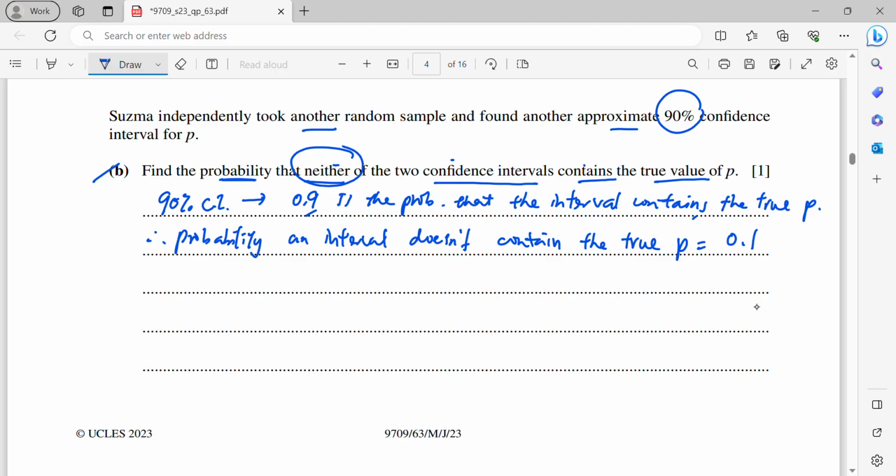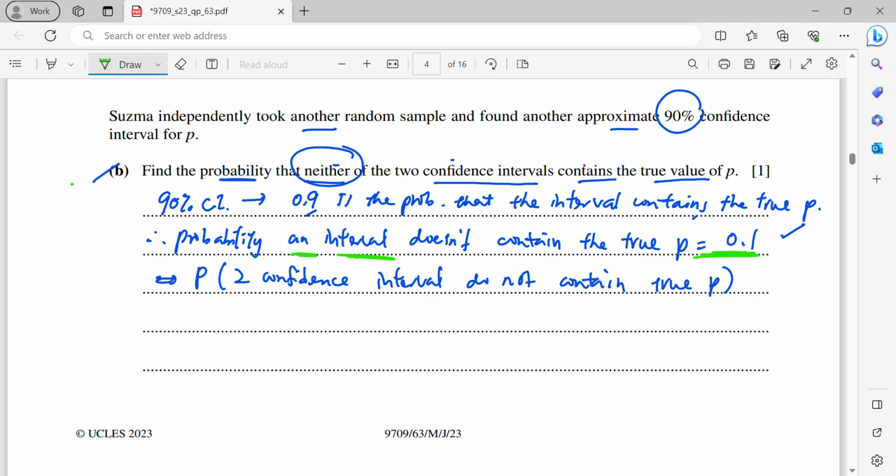Okay, so now we need to calculate the probability that two confidence intervals do not contain the true P. So for one confidence interval, look at here, the probability will be 0.1.